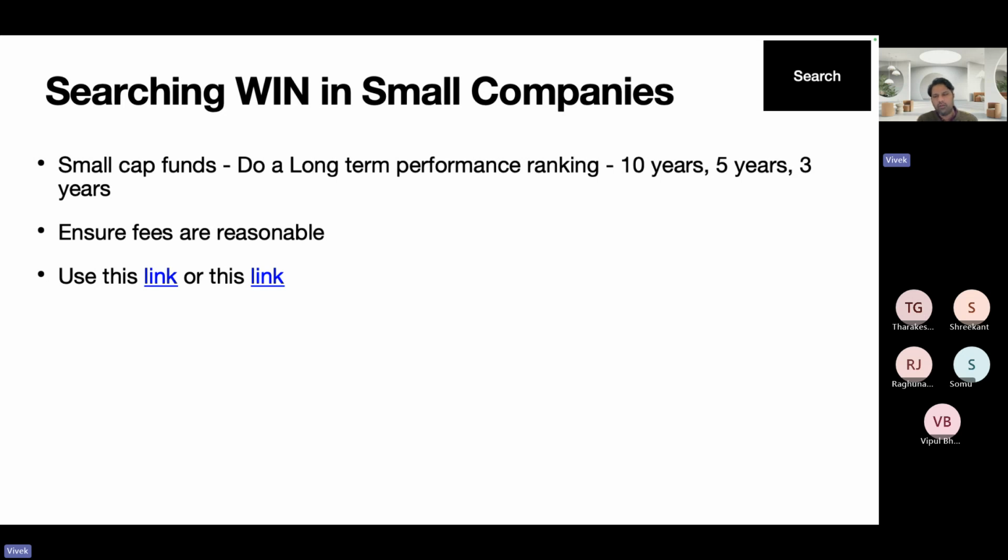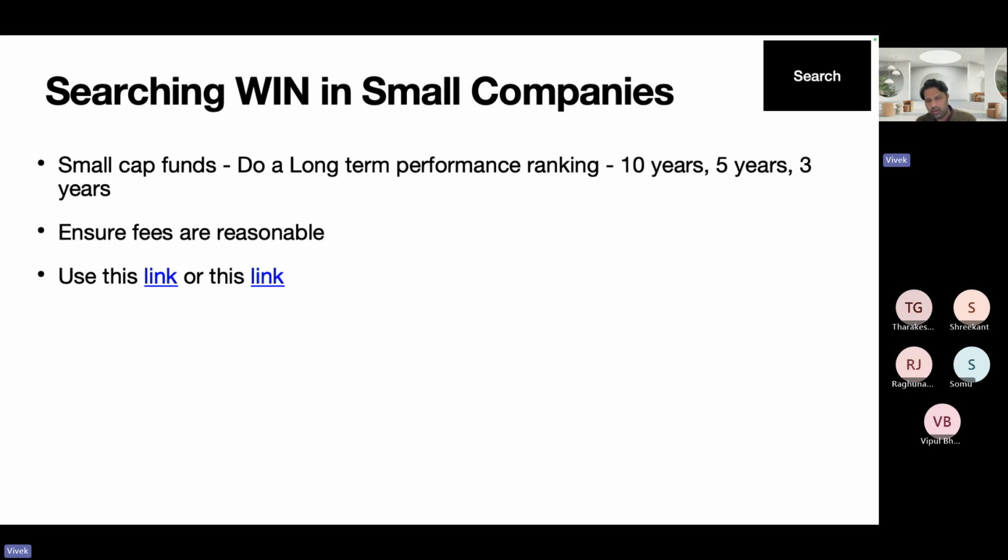I've given a couple of links on the slide. You can use any of the links to go and create your own performance ranking measures. What I like is to do a 10-year, 5-year, and 3-year performance benchmark. And I'll show you a snapshot in the next slide of how that looks.